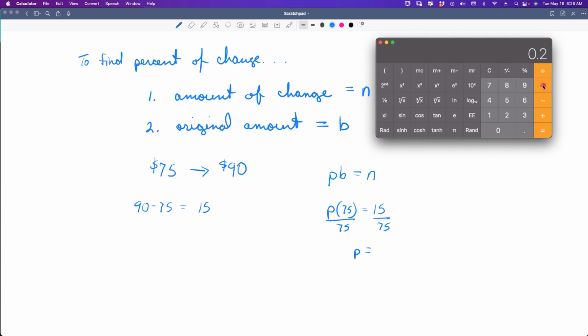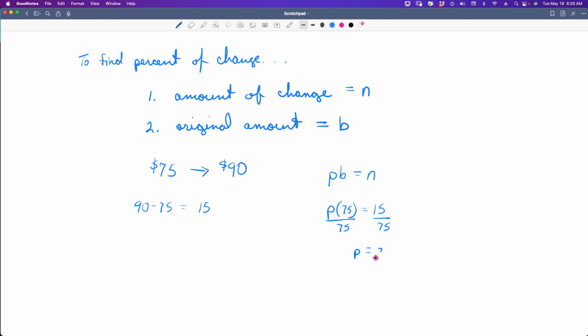To get our percent, we multiply times 100, and we get 20% is the percent of increase. So we were not looking for this 90 here. We were not looking for the total amount increase. We were looking for the percent of increase. So the percent that it increased was 20% because it increased $15.